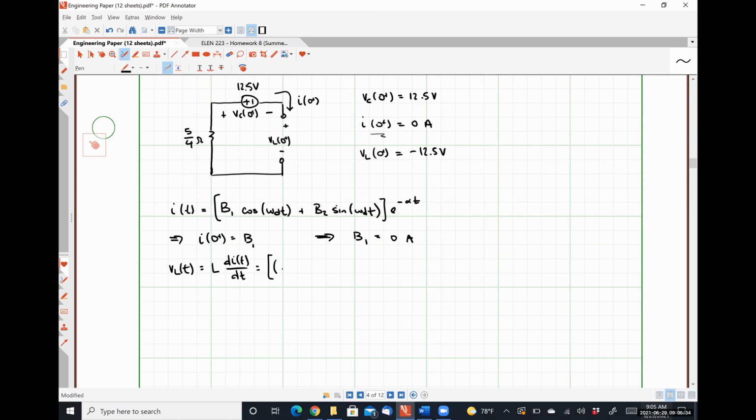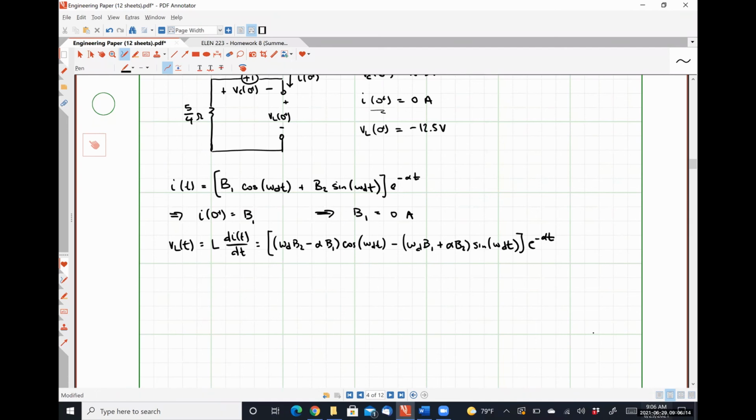I think it's omega d B2 minus alpha B1 cosine omega dt minus omega d B1 plus alpha B2 sine omega dt, all times e to the negative alpha t. Please, if you have your sheet, look and make sure I didn't screw that up. Awesome. My memory is a steel trap when it wants to be.